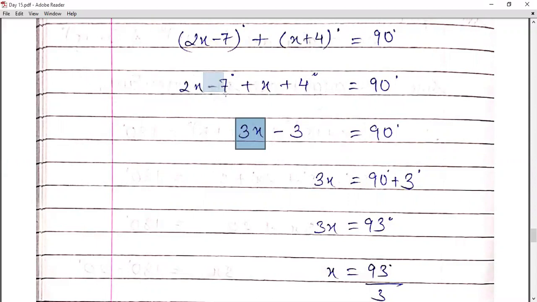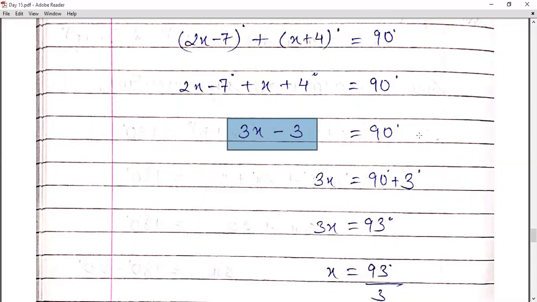Now I have minus 7 plus 4, minus plus will be minus. That means I need to subtract 4 from 7, that will give you 3. And the sign of the greater number will be put in front of 3. So I will get minus 3. I got 3x minus 3 is equal to 90.